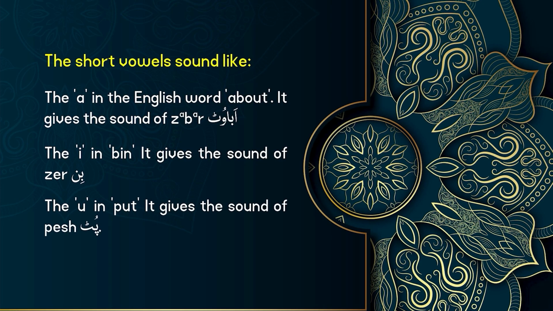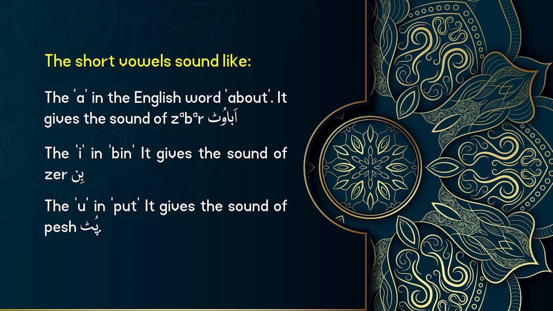And the third is pesh. For example, the U in the word put gives the sound of pesh. U here gives the sound of pesh, put. It gives the exact sound of pesh.